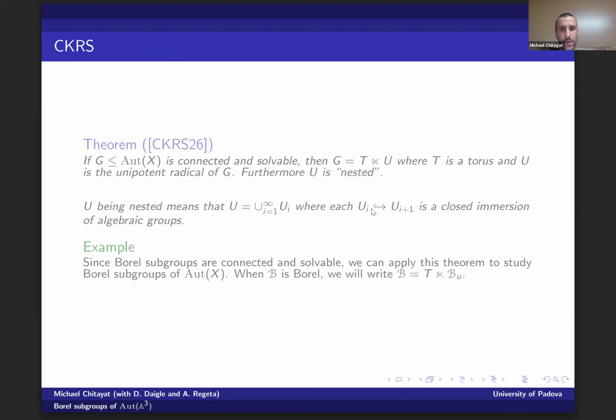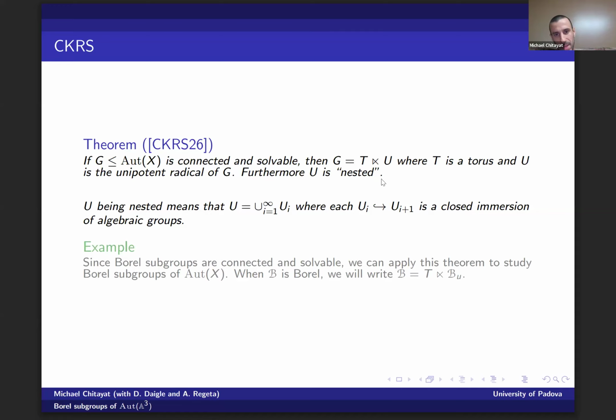Okay, so here is the theorem that I had mentioned before. And this is due to Cantat, Kraft, Regeta, and Van Santen. And it says that if G is connected and solvable, then you can write G as a semi-direct product of a torus and a unipotent group U, where U is the unipotent radical of G. So it's the set of unipotent automorphisms contained in G. And furthermore, U is nested.